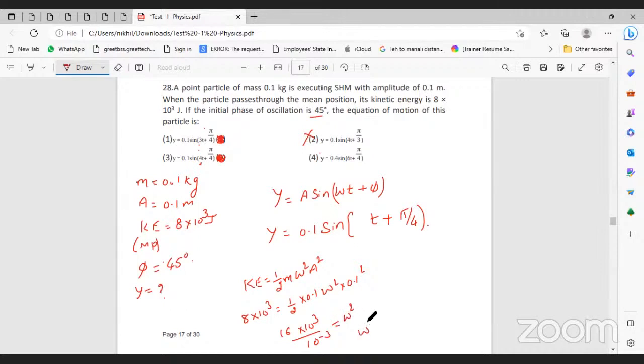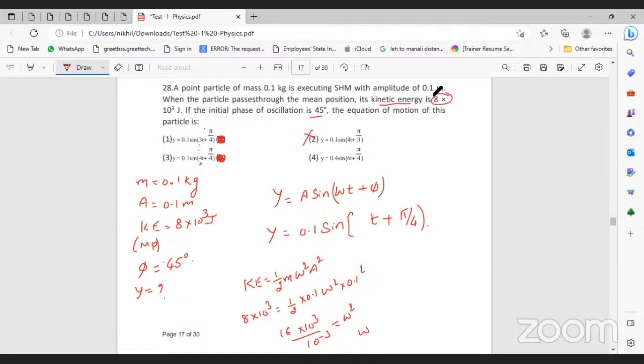What is omega then? Omega will be root 16, right? But you have to cancel out the power. So maybe something is wrong.